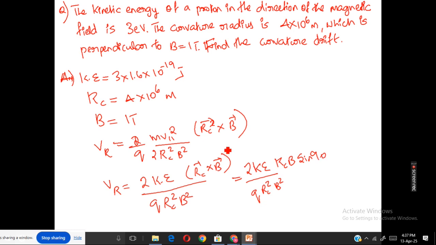Sin 90 is 1. So it will become 2 into kinetic energy divided by q RC B, since one RC will cancel.